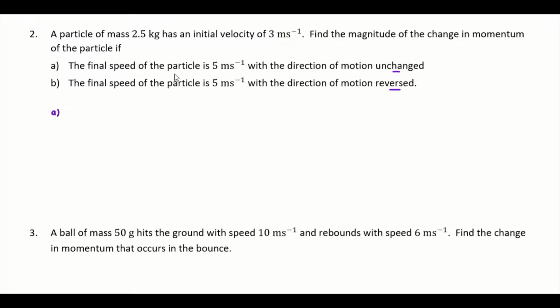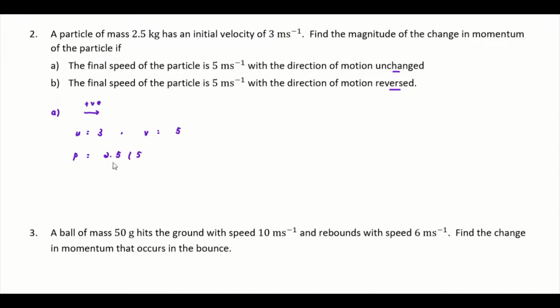So the final speed is 5 meters per second with the direction of the motion unchanged. Let's take this as our positive direction. So we have u is 3, and because the final velocity is moving in the same direction as well, v is 5. So the change in momentum is equal to 2.5 multiplied by the final.